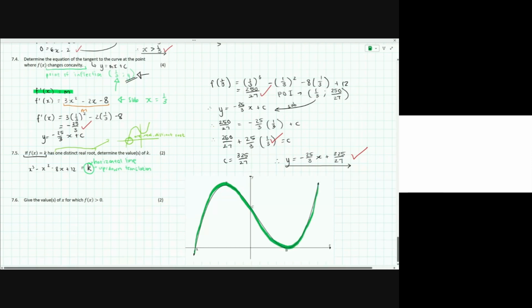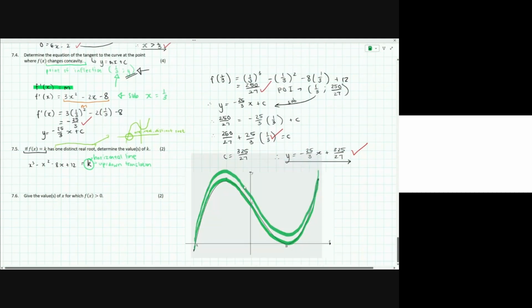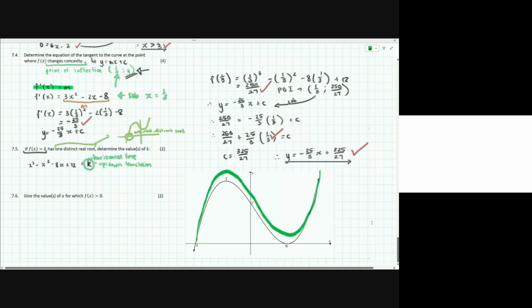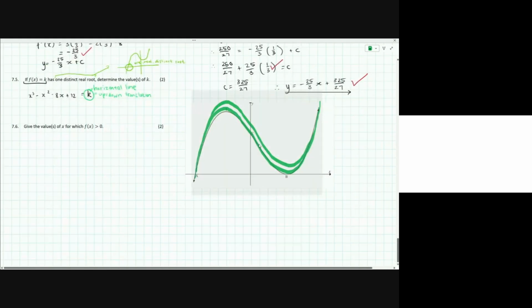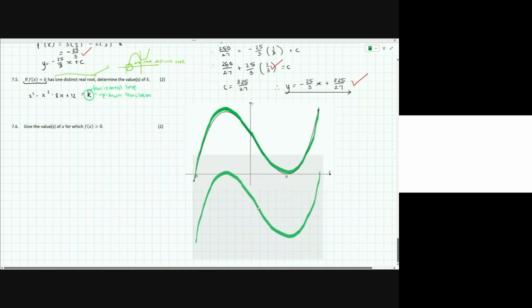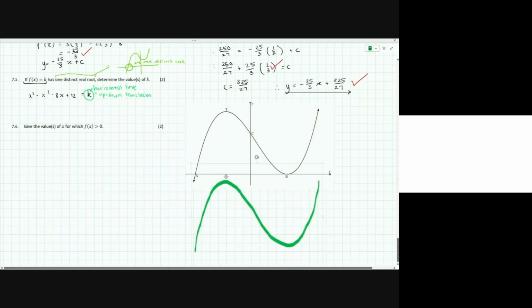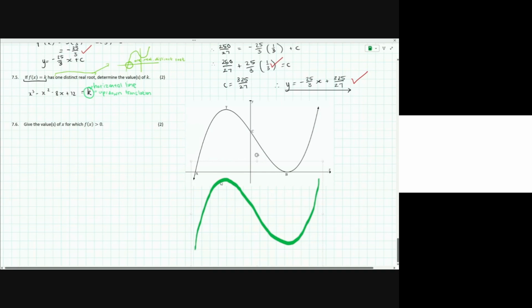Let's have a look at some of the options we have. So option one, hopefully fairly obviously, is I could move it up. If I can move this graph up, it means that I'm only cutting the x-axis once. But the second option I have is also to take this function and move it all the way down so that the turning point, or that stationary point T, is below the x-axis.